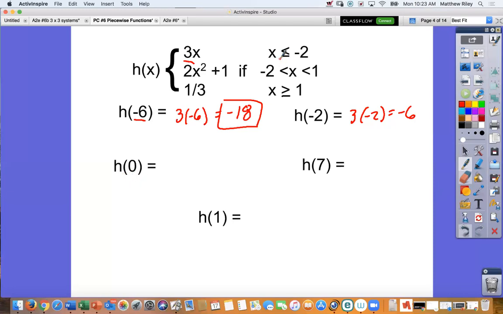Is 0 less than or equal to -2, between -2 and 1, or greater than 1? Which equation do I use? The middle one. 0 is in between -2 and 1, so I plug in 0 for x. 0 squared is 0, times 2 is 0, plus 1, it is just 1.